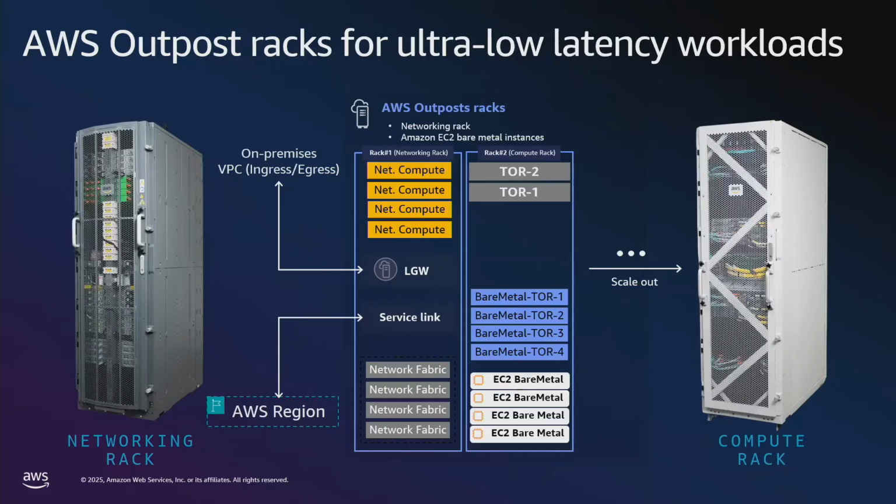So that physical component, this slide looks incredibly similar to the other slides. It has exactly the same networking component, exactly the same compute component, but the difference here is that the compute racks have bare metal top of rack switches as well, not just VPC top of rack switches.